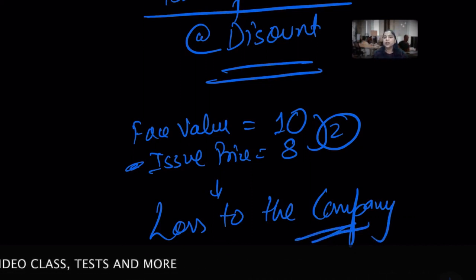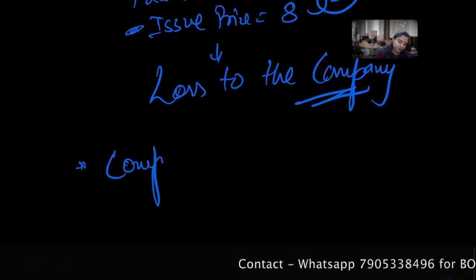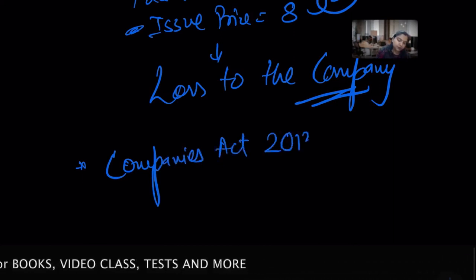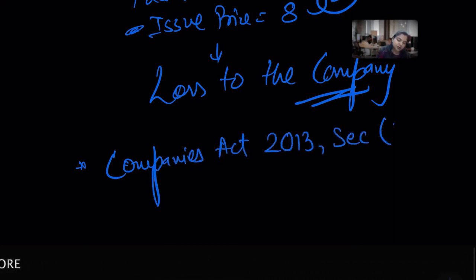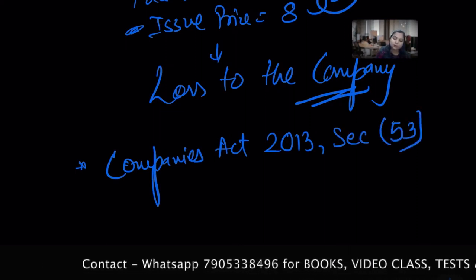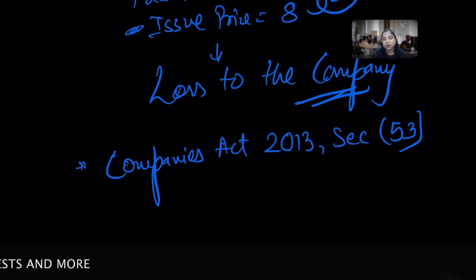Now, the Companies Act 2013, as per section 53, subclause 3. So I'm just mentioning section 53. The Companies Act 2013 puts a prohibition on the issue of shares at discount.